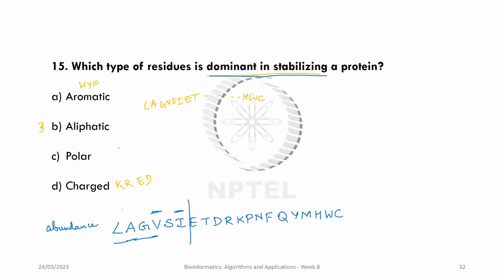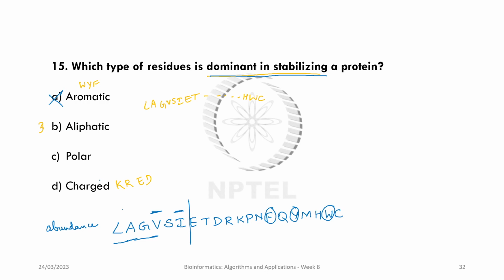If you look into aromatic and all, they're somewhere here. So they cannot be the dominant ones. The number of tyrosine and tryptophan in a protein is going to be, these are averaged values, very low. So they don't have any hopes in being the dominant stabilizers.